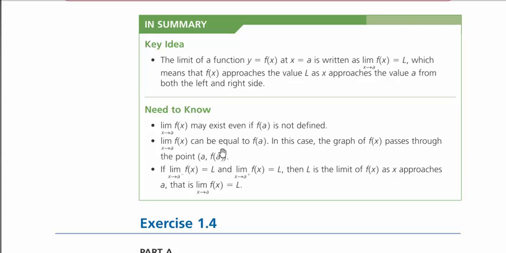We also have that the limit can be that value f at a if the graph is continuous. Just on a regular graph, the limit going towards any point is exactly the y value at that point. And then the last statement is simply that if the limit from the left side and the limit from the right side are the same value, the limit for the whole question is that same value.